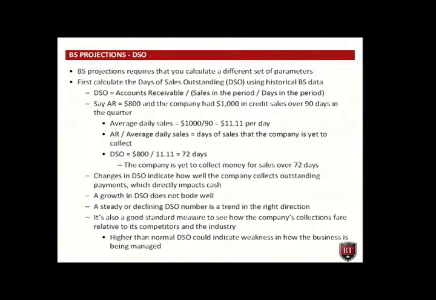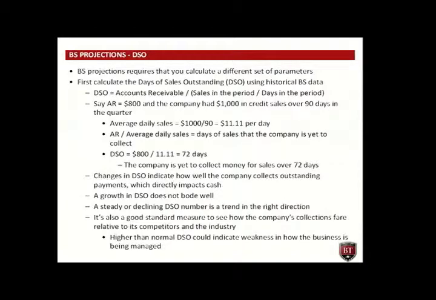Now, typically, an increase in the days of sales outstanding is not a good thing. As trends go, you want to look for a company where the DSO number is declining, which basically means that the company is good at collecting from its customers.